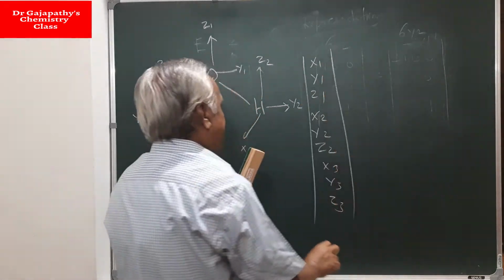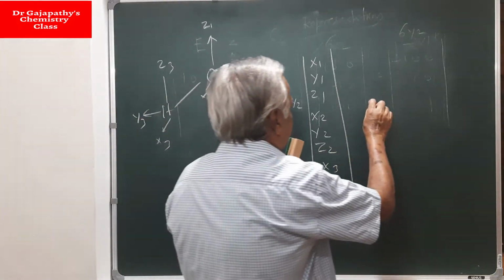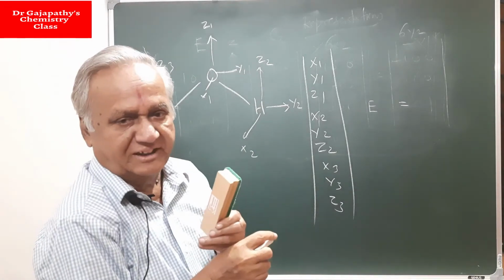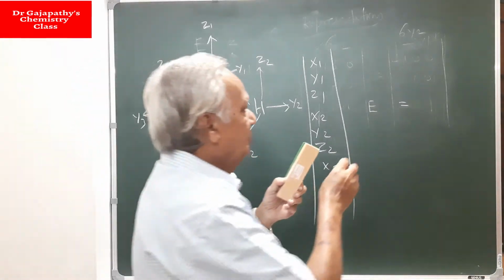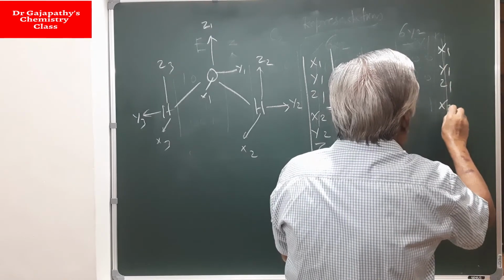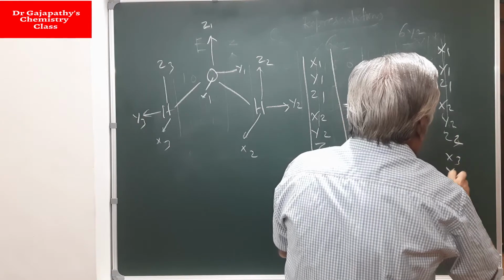These are my original coordinates. If I carry out an identity operation, nothing will happen to these coordinates, they will remain the same. So my final result is again x1, y1, z1, x2, y2, z2 and x3, y3, z3.